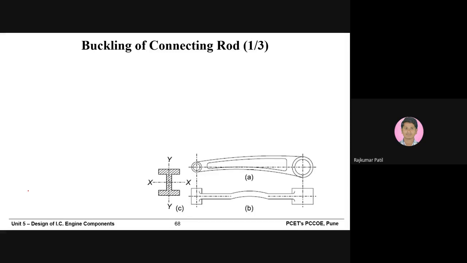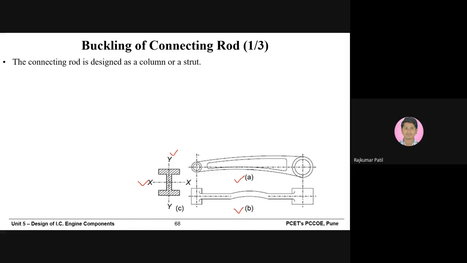It is made in different cross sections, so we need to find out the failure of the connecting rod in different planes. You can see in figure A the xx plane and in figure B the y plane, so you need to find out in which plane the buckling is more and design accordingly. So the connecting rod is designed as a column or strut.